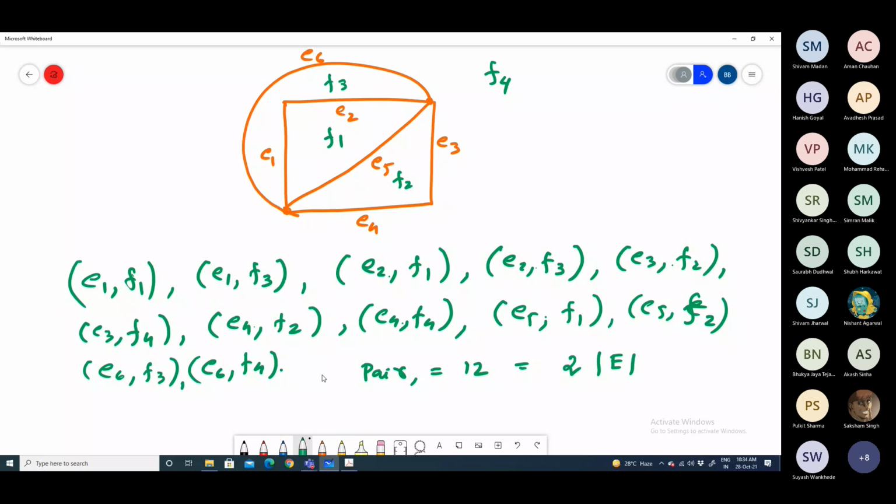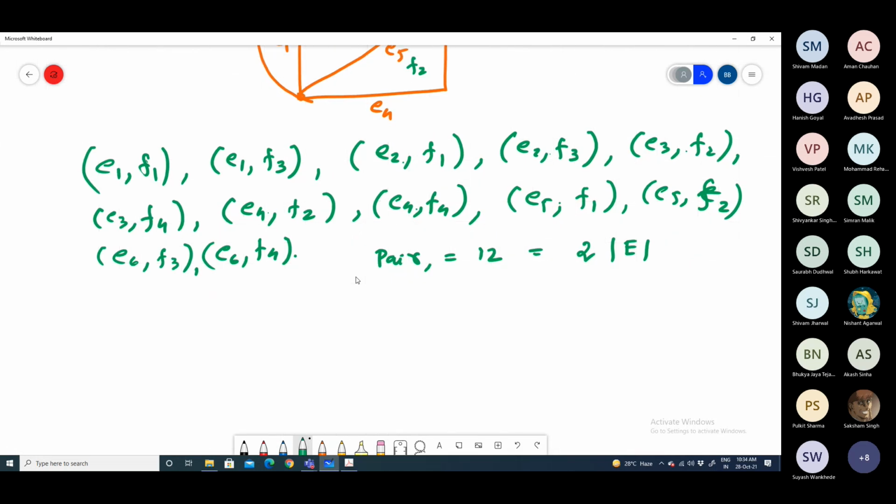Now we can count in the other way as well. So we count first F and then E. Now we count in this way.